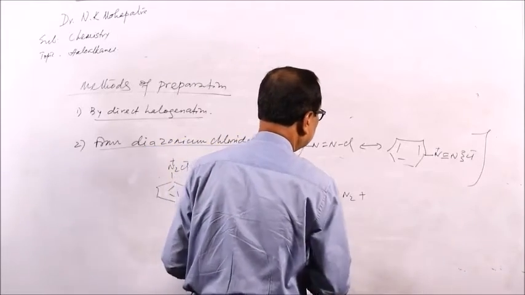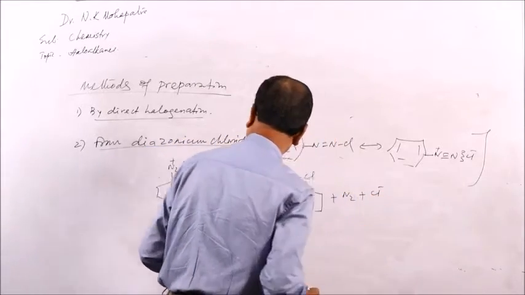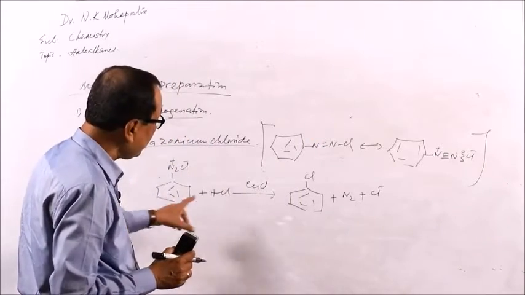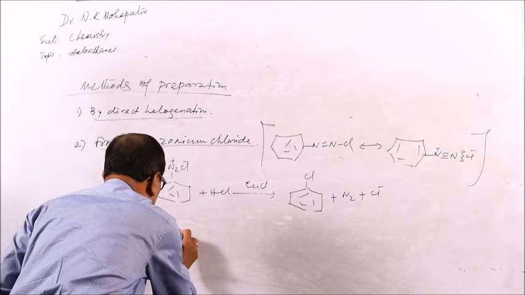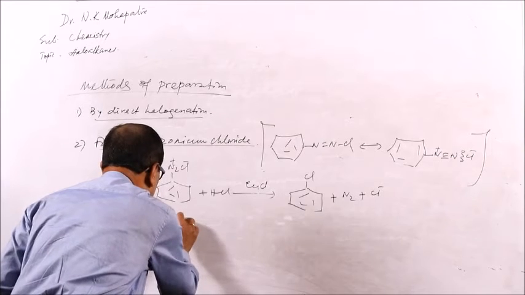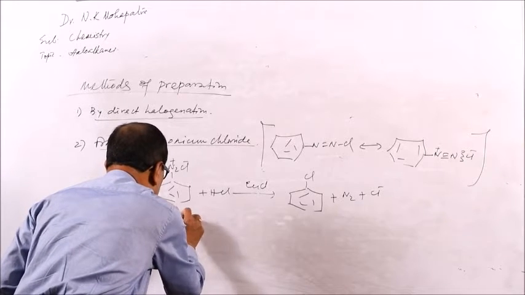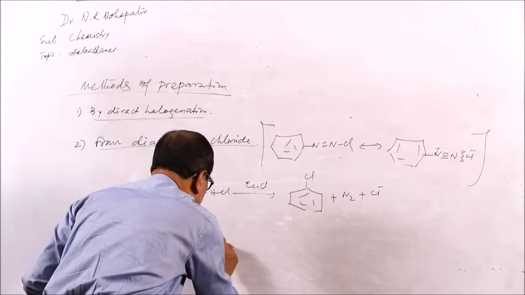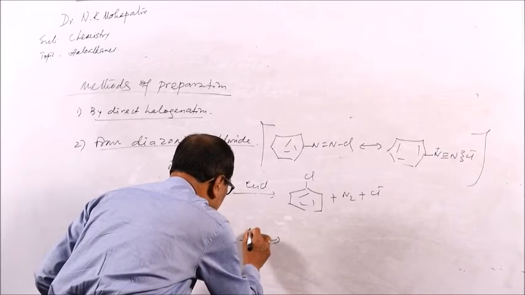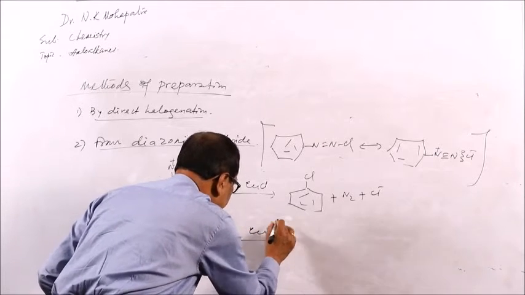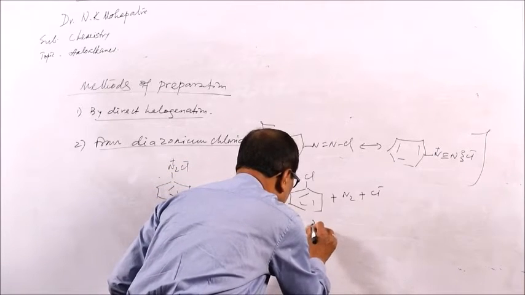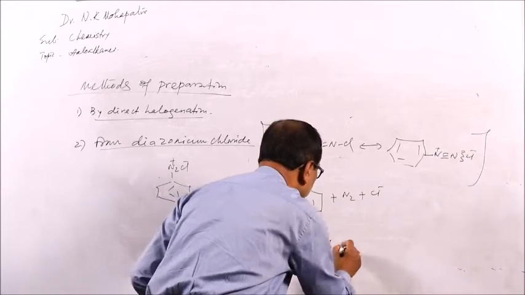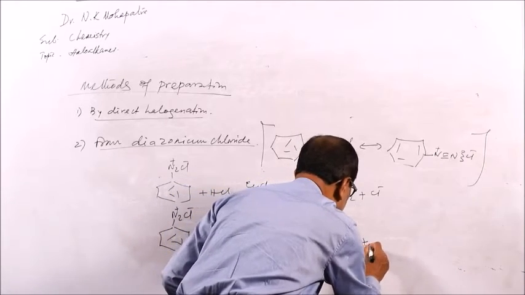So here you will find that this is chlorobenzene. If you treat N2+ Cl- with HBr in presence of cuprous bromide, the product formed will be bromobenzene plus N2 plus Cl-.